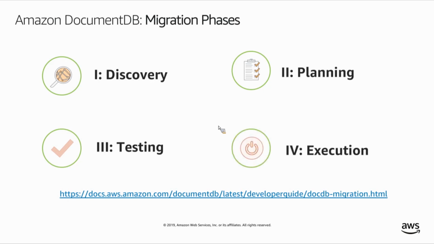And then finally, executing your migration, actually getting your data onto DocumentDB so you can use it. And you'll see at the bottom here that we have a migration guide that I'll bring up later in my browser, where everything that I'm talking about today is also available to you within our docs.